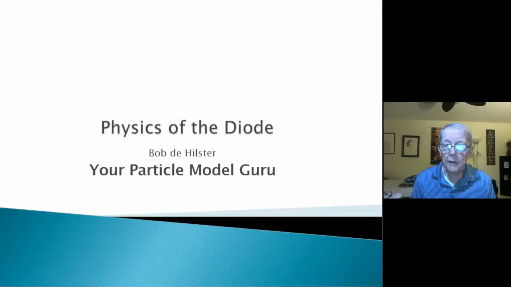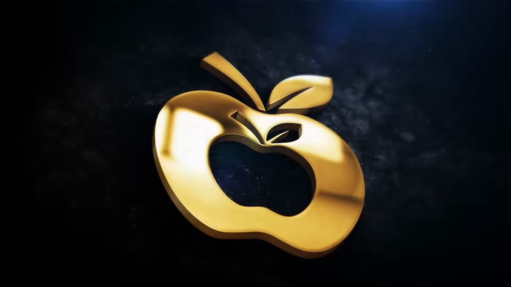Today's video is titled Physics of the Diode, and I'm basing this on the book that Dave and I have just released. And here is the icon we use for our book.